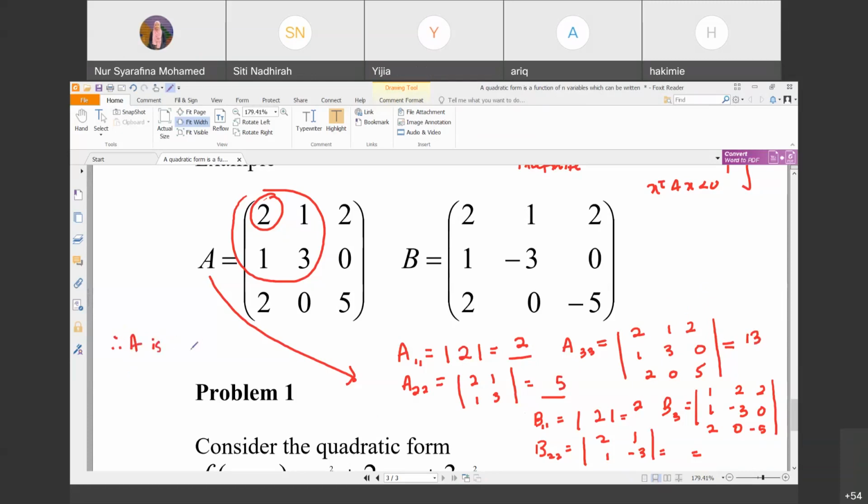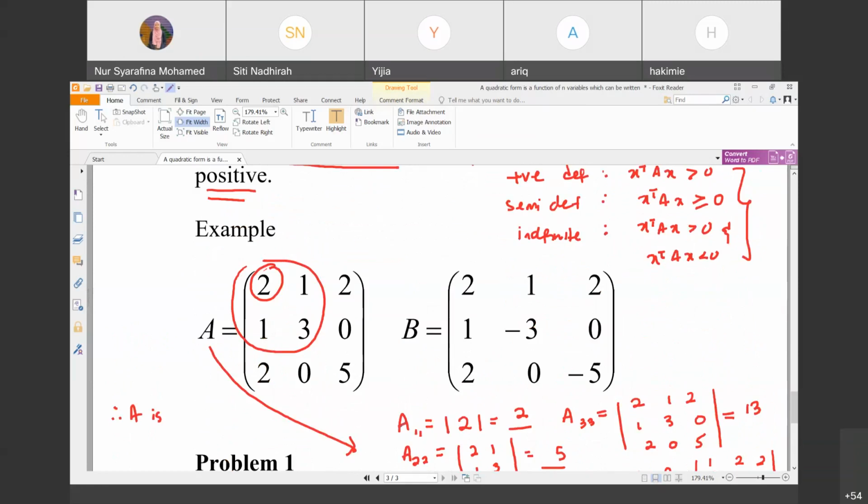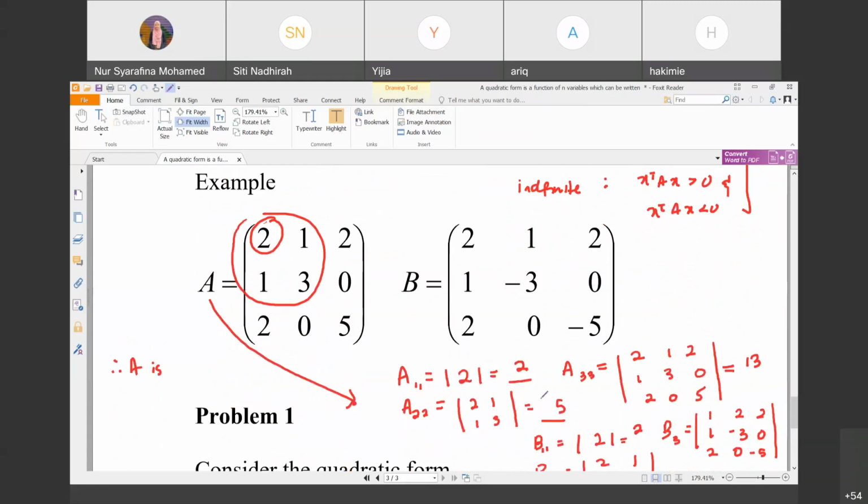The successive principal minor is given by A11, A22, and A33 here. Then we identify each determinant value there.